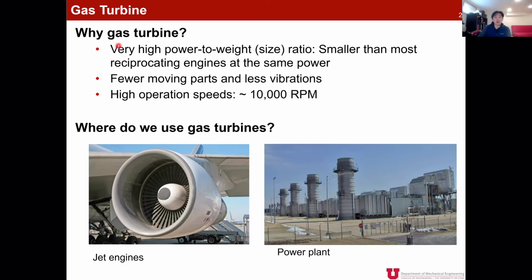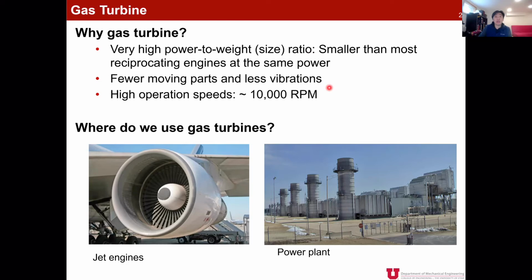Because gas turbines are very high power to weight ratio engines, meaning that it is really smaller than most reciprocating engines at the same power. We don't need a piston, and a piston actually takes a lot of volume, and that makes all movement inside the engine complicated.